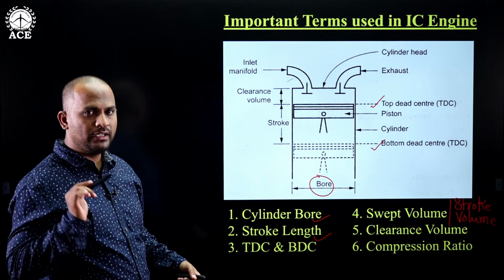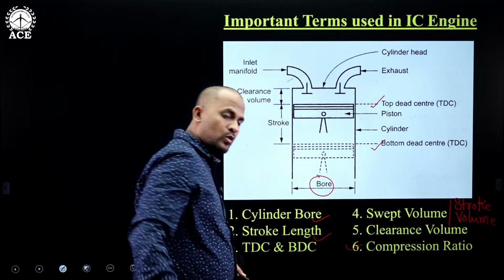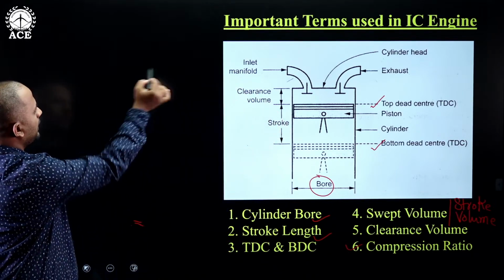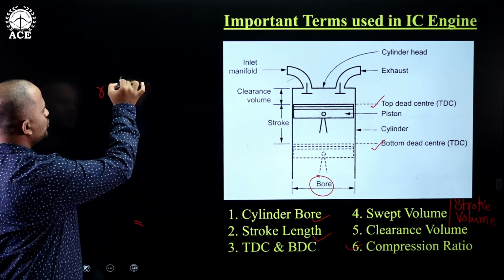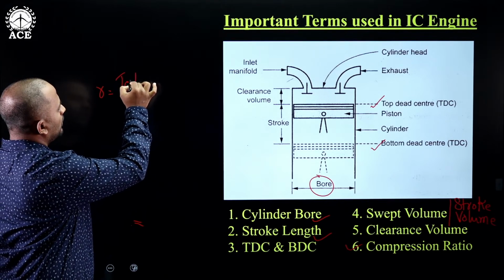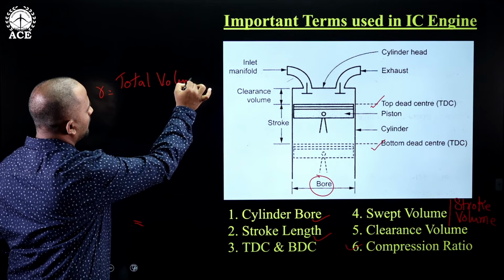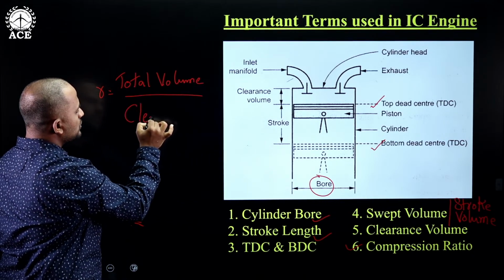The most important term we use in IC engines is the compression ratio. What is this compression ratio? It is indicated by the term small r. It is the ratio of total volume by clearance volume.